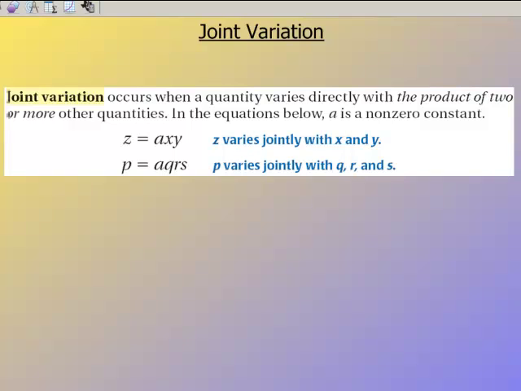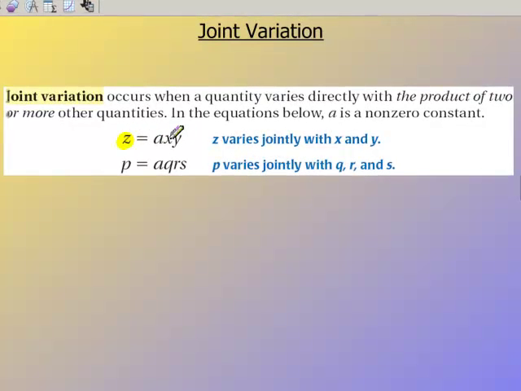So let's say I have Z varies jointly with X and Y. So Z would vary jointly with these two, but please take note, we still have our constant of variation A. And this one, P, varies jointly with Q, R, and S, but again, we still have our constant of variation A. So this looks kind of like direct variation since we're multiplying these, but here we're multiplying two or three or more items together. So with joint variation, you have several quantities that are varying with something else.